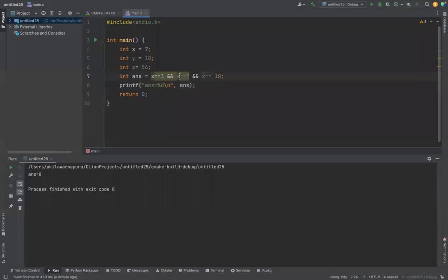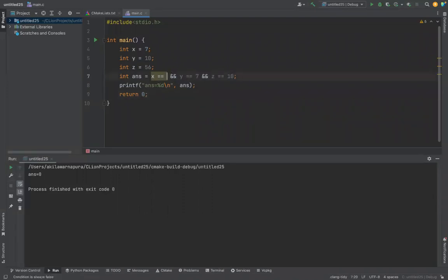X equal 3 and let's say y equal 7 and z equal 10. Then you can provide, if all the conditions are true, then output is true.